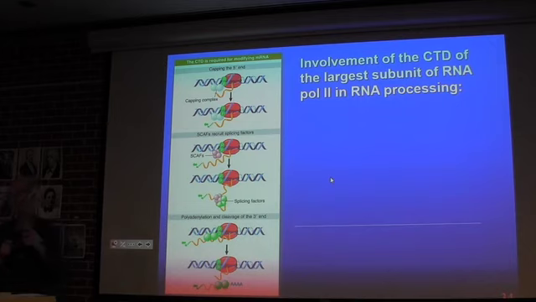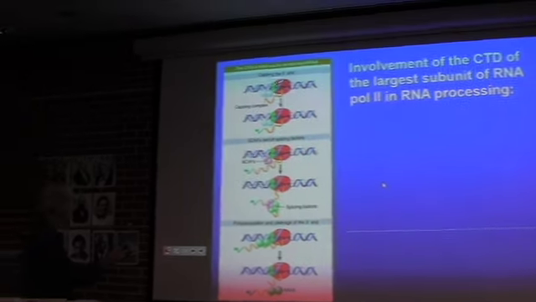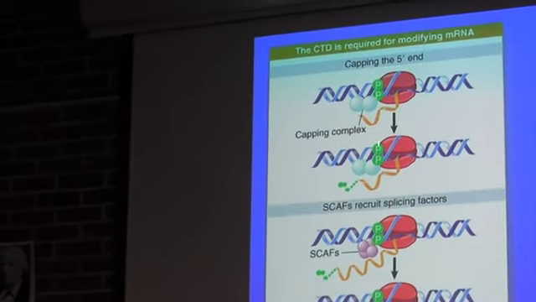It goes into the multifunctional role of the CTD of the largest subunit of Pol II. Here you see the capping complex binds to the phosphorylated CTD. These little green marks represent the CTD, and it's phosphorylated.